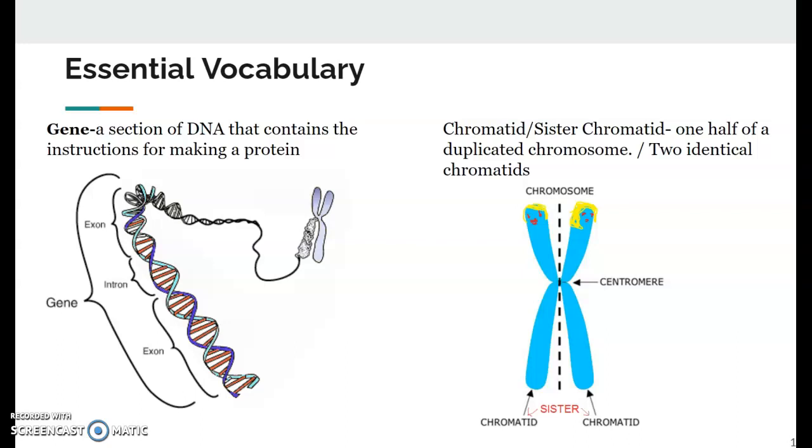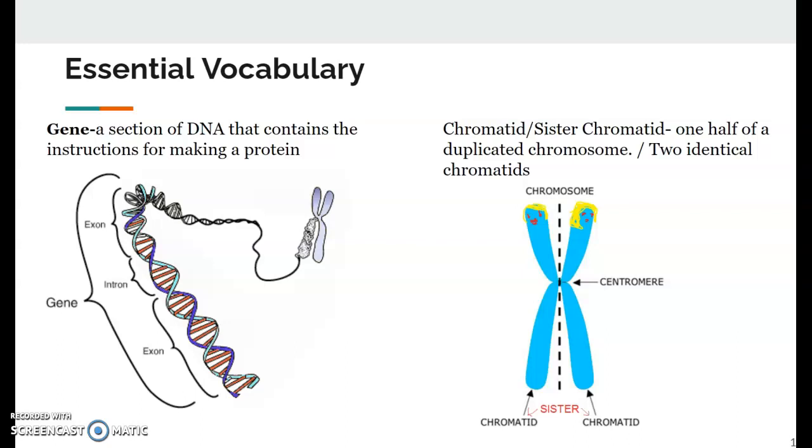A gene is a section of DNA that contains the instructions for making a protein, right? And I want you guys to remember that we've been talking about proteins since macromolecules. And I believe I've said to you that arguably, they're the most, let me not say important, they're the most diverse macromolecules.